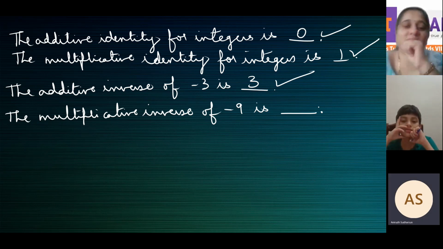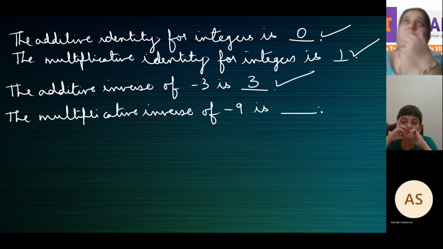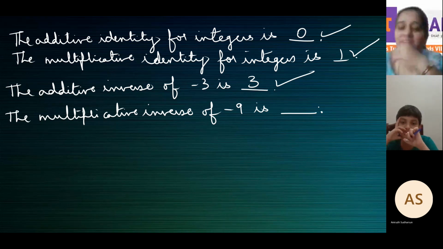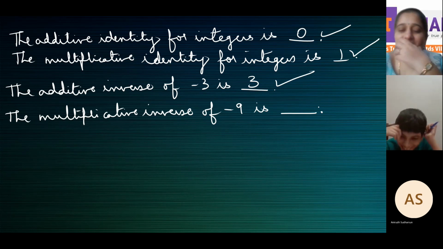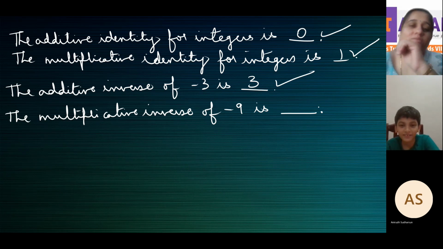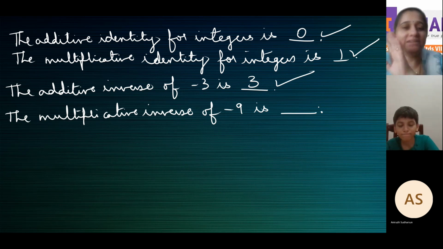What rule did I tell you? You are not using the rule. Navneet, where are you looking at the ceiling? What is in the ceiling? Children, what did I tell you? For identity, the answer is fixed. Identity means for addition it is 0, for multiplication it is 1.